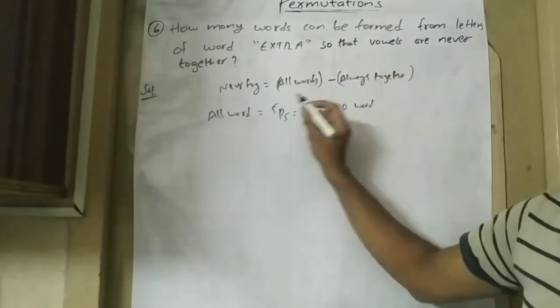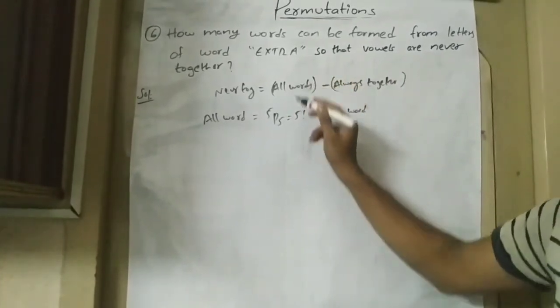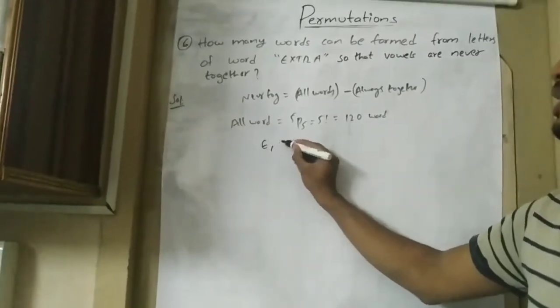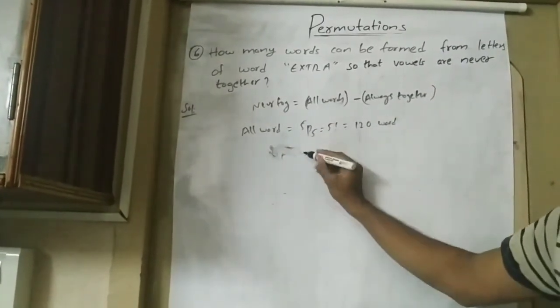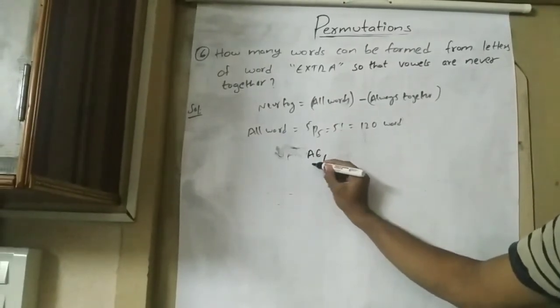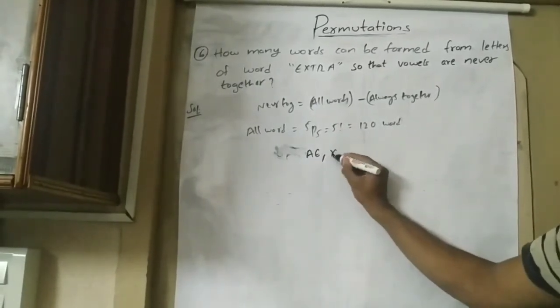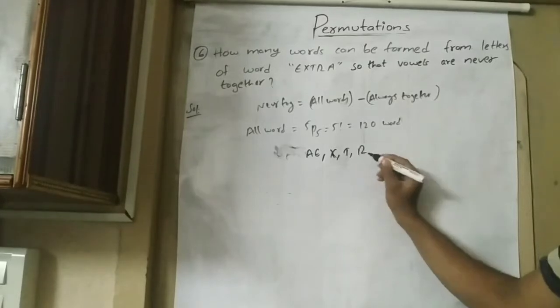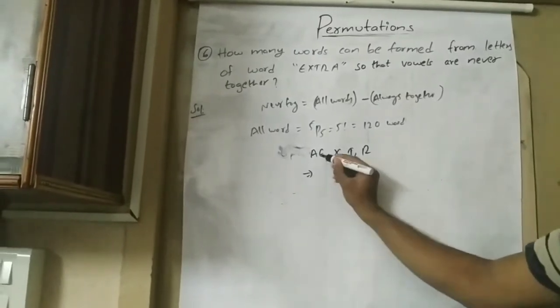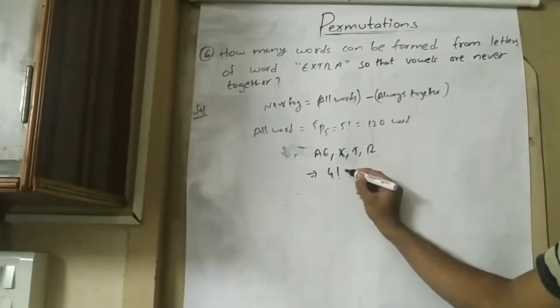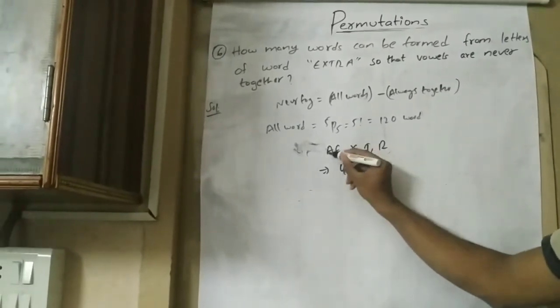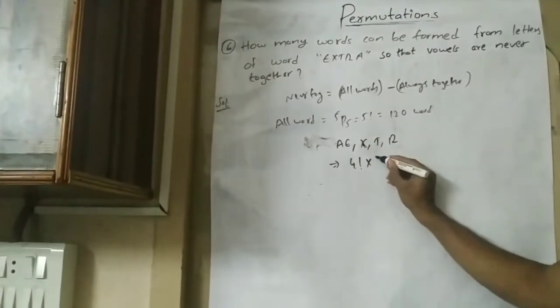And they have told vowels are never together. So if vowels are always together, A, E will become one unit and X, T, R are 3 different units. So these 4 units can be arranged in 4 factorial ways, into AE can be arranged in 2 factorial ways.